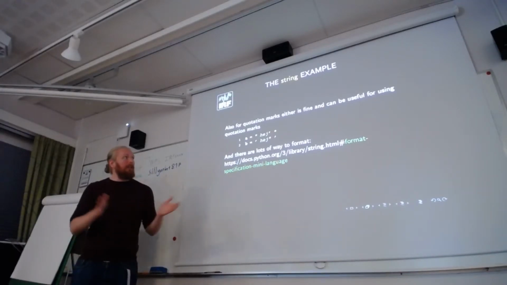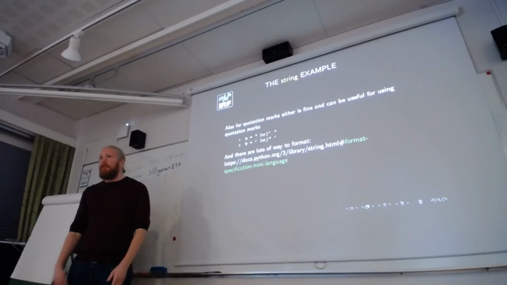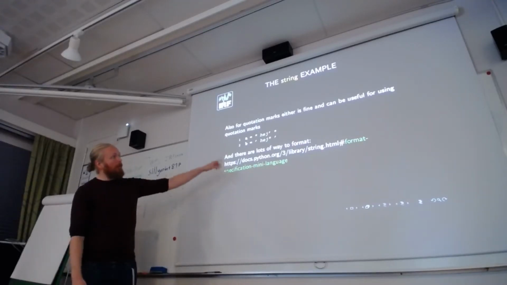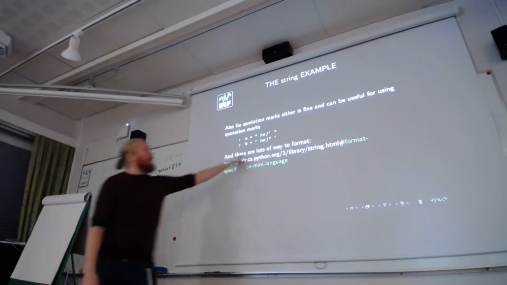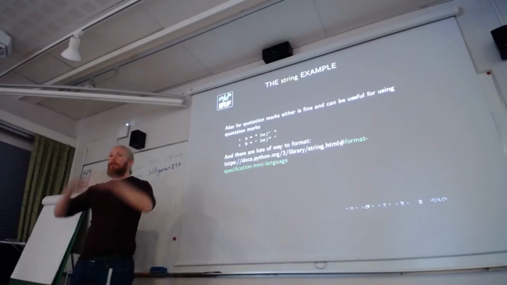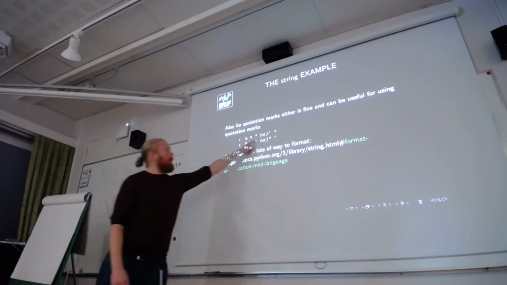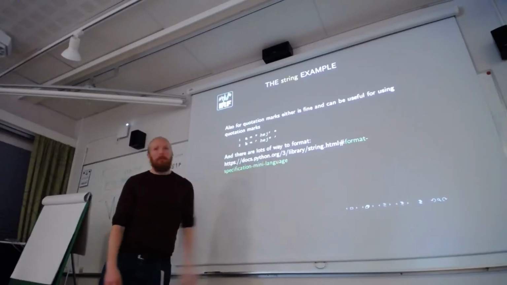And then we had some questions about quotation marks. There are some subtleties, but the most important part, I think, is that if you use double quotes, you can use single quotes within the string, and it's just interpreted as a character. You don't get an error. And if you do single quotes, you can use double quotes inside the string.